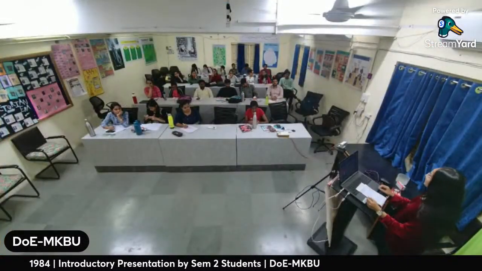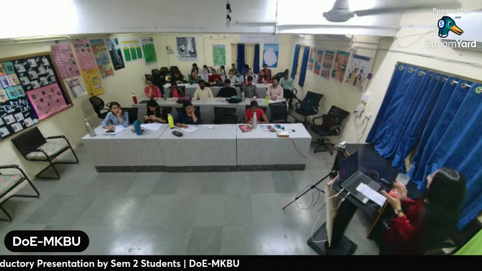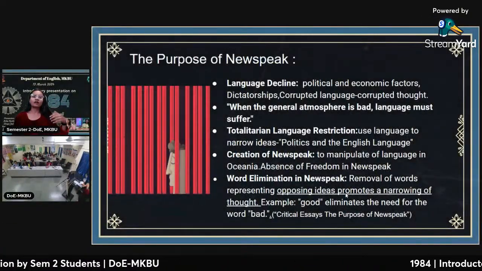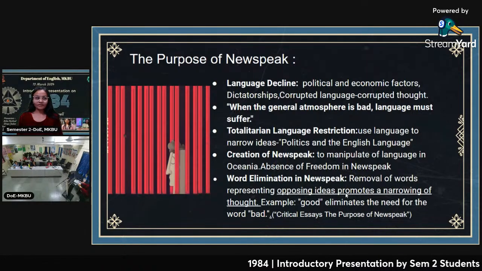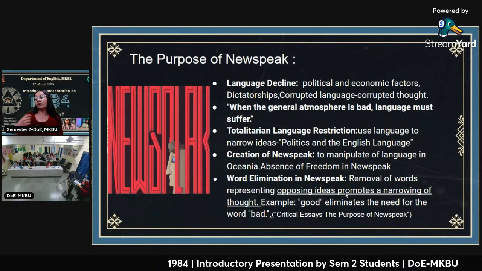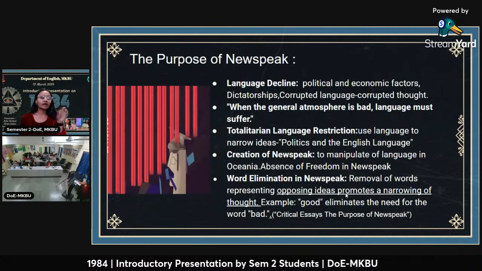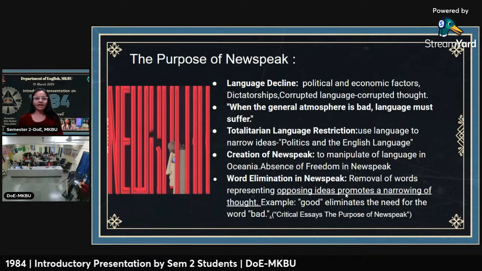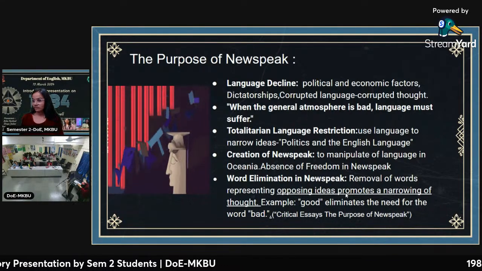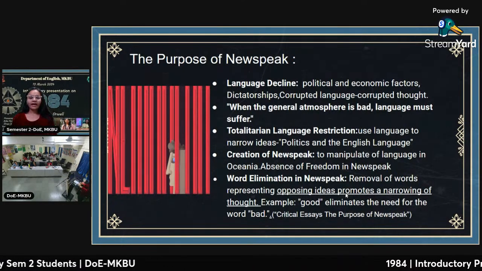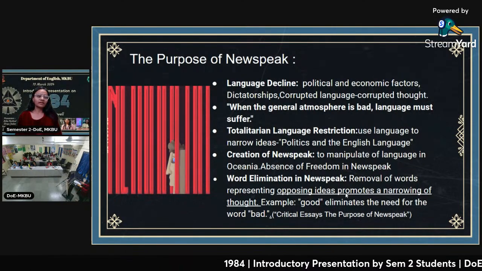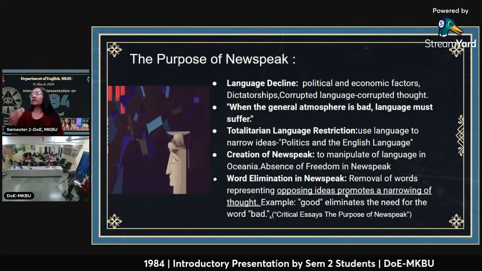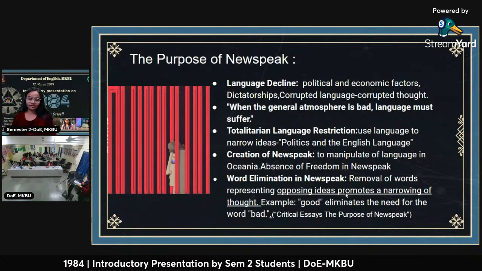So newspeak, as the fellow presenters mentioned, is for making a vocabulary which is connected with the party, and it has the idea of using the language of a dictator. They have a specialized language which has very limited vocabulary, and it also corrupted the thoughts of the people, and that is why people are not able to think beyond that vocabulary.